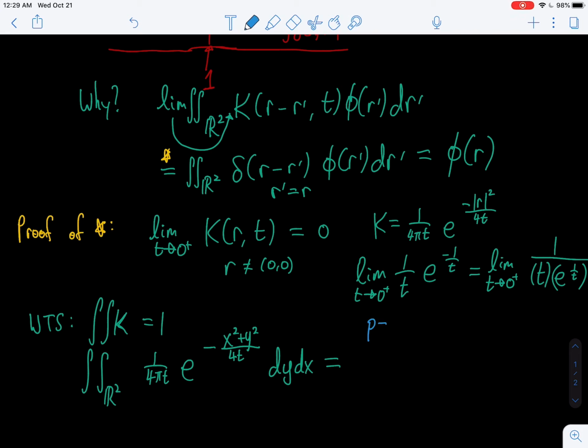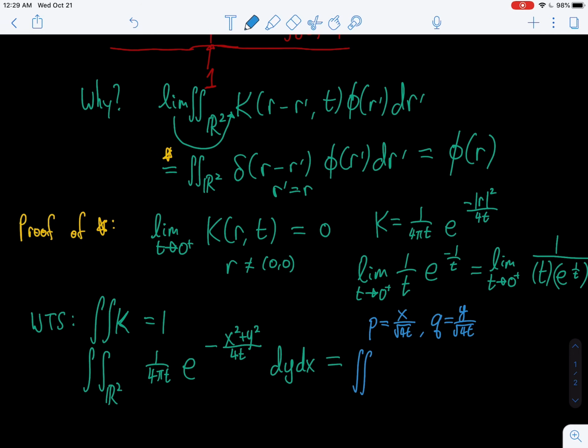p equal x over square root of 4t, and then q equal y over that, so that our bounds are the same, but we get e to the negative p squared plus q squared.